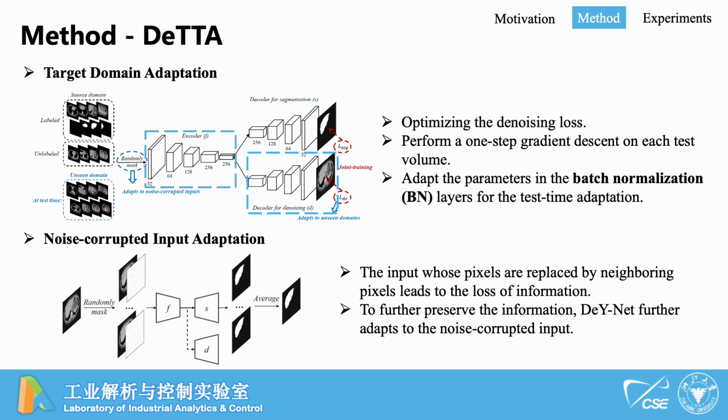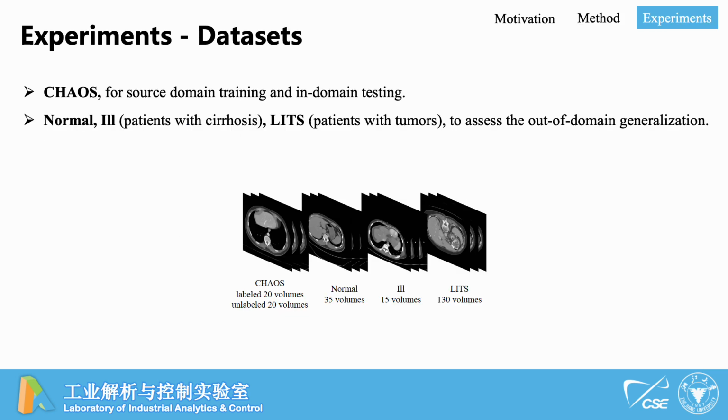It is a novel test-time augmentation strategy designed for our method. All these are the key elements of our method. Next, we'll move on to the experiments to prove how well our approach works. We'll also discuss some limitations.